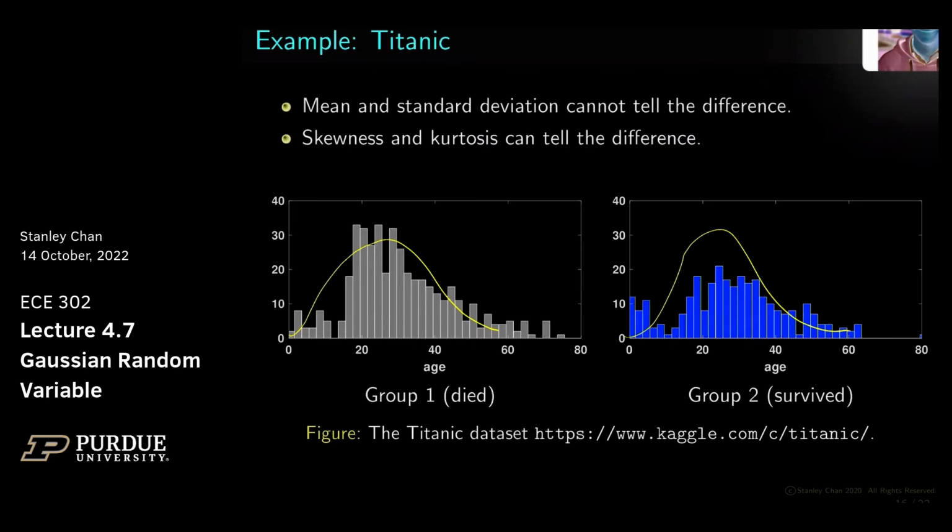So these are modeling assumptions. If you report only mean and sigma, then implicitly you are assuming a Gaussian. But this data is not Gaussian. So this is not actually Gaussian.